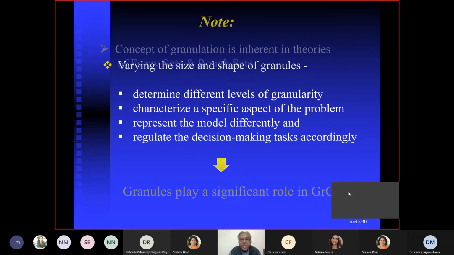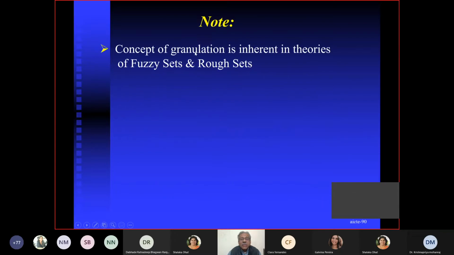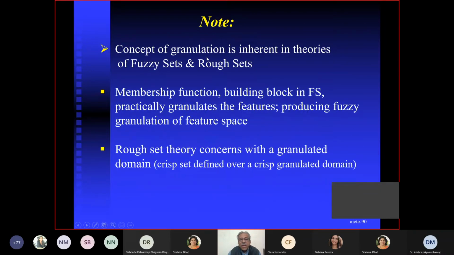Now, it may be noted that the concept of granulation is inherent in the theories of fuzzy sets and rough sets. For example, the membership function that I mentioned along the x-axis or y-axis, this type of function represents a granule. So the membership function is the building block of fuzzy sets.